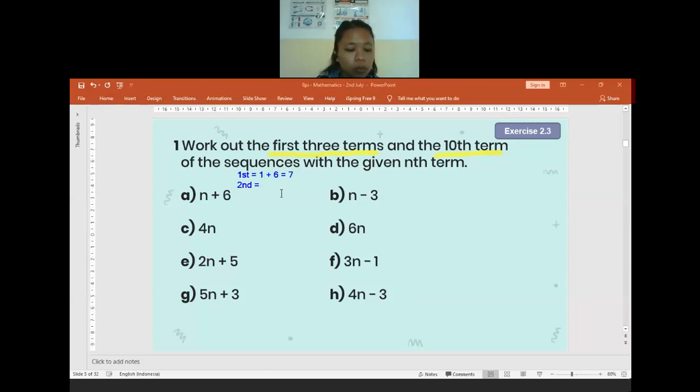Wait, 2 plus 6 is for the second term. For the third term, it will be 3 plus 6, which equals 9. And then what about the 10th term? It will be 10 plus 6, which equals 16.